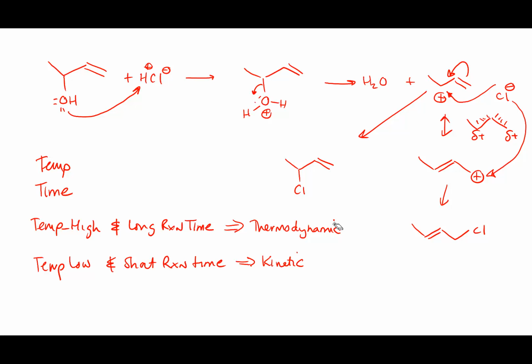So I could say, for instance, this reaction is going to be done under thermodynamic conditions, or it's going to be done under kinetic conditions. And that is how we switch the major product from one to the other. The only question is, which is which? In this reaction, which one is the kinetic product that'll be favored by a low temperature, short time? Which is the thermodynamic product that'll be favored from a high temperature, long reaction time? We have to go through that, and then why.